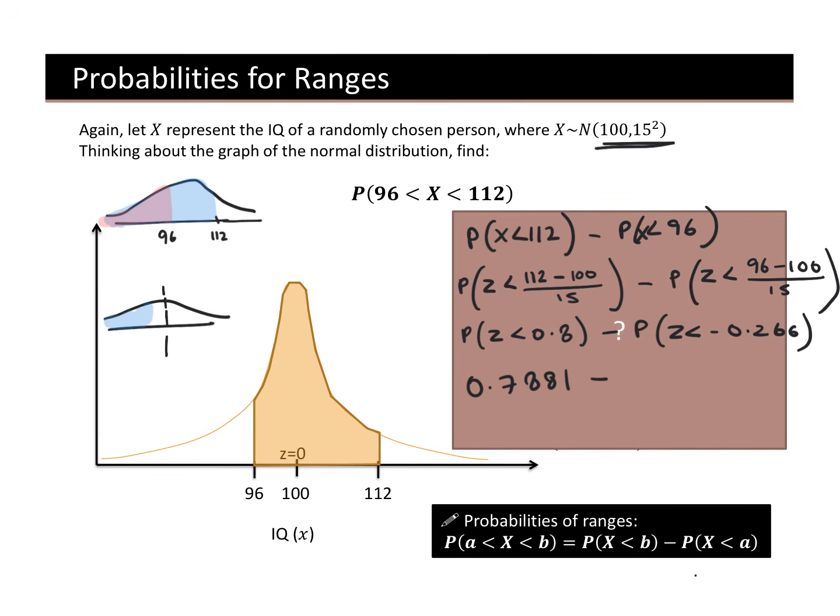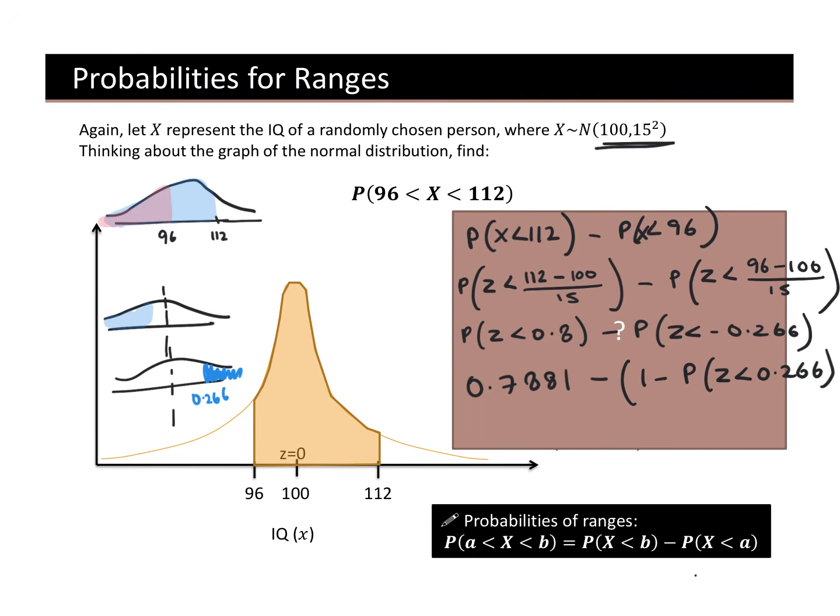Now, this is the same if I flip it. We want this bit, don't we? And if this is 0.266, okay, we want that bit. But to find that, yes, it's 1 minus. So then this actually becomes 1 minus the probability of z being less than 0.266.